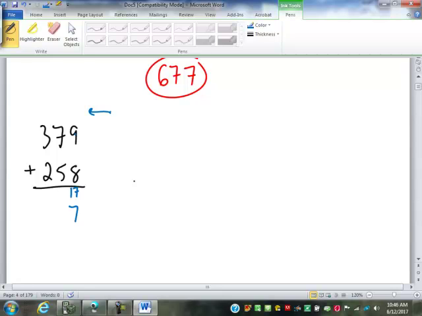So I'll keep the 7 1s and I'll carry the 1 10. Perfect. 1 and 7 makes 8 plus 5 is 13. So what do I do again? Leave the 3 and carry the 1. Perfect. 1 and 3 is 4 plus 2, 6. So it's 637.